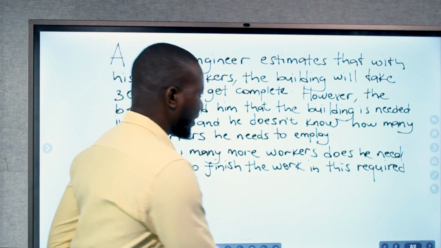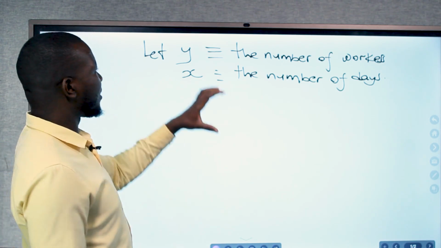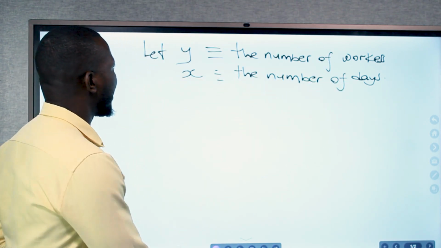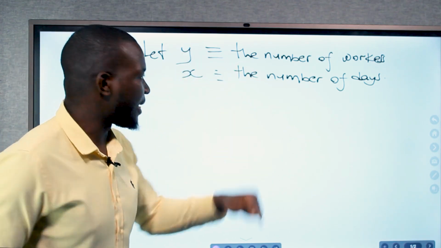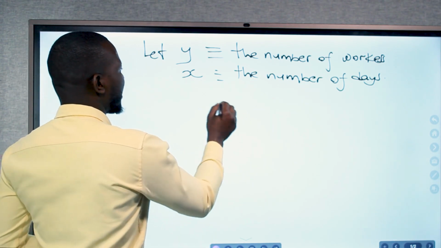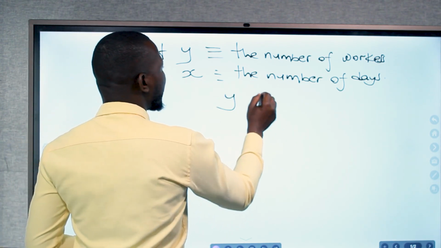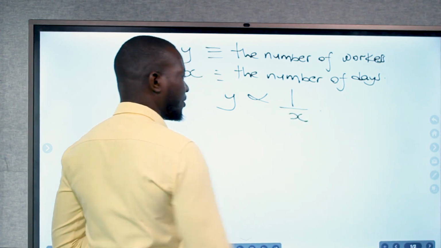Now, after realizing that, you will come to your formulation. After defining the variables, you will say, since these two variables are in inverse proportion, then you can express it algebraically as y is inversely proportional to x.